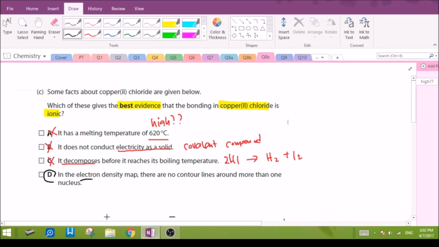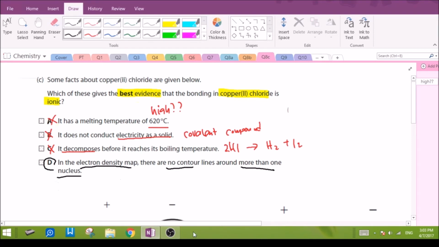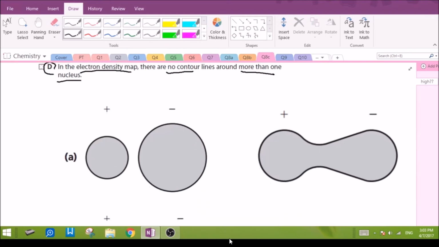In the electron density map, there are no contour lines around more than one nucleus. So what does this mean? Let's look at a diagram below.